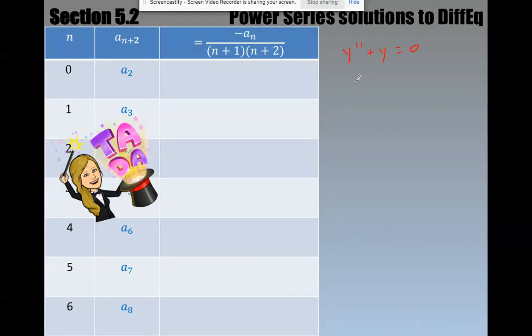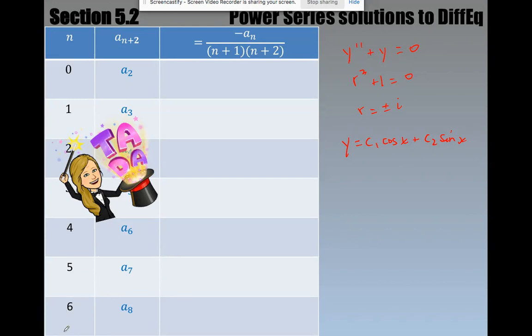What if I didn't want a power series? Wouldn't you say that is r squared plus 1 is equal to 0? So r is equal to plus or minus i. So you would have, right, e to the 0 in front of this, e to the 0, which is just 1, c1 cosine of x plus c2 sine of x.